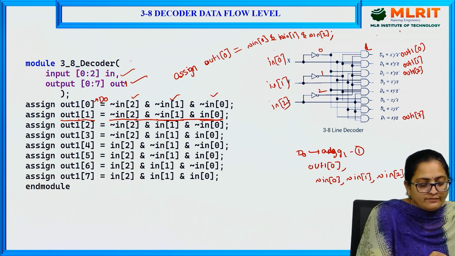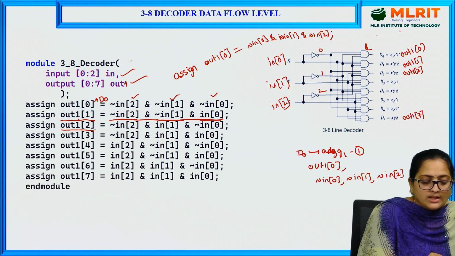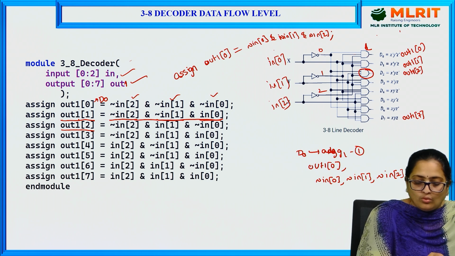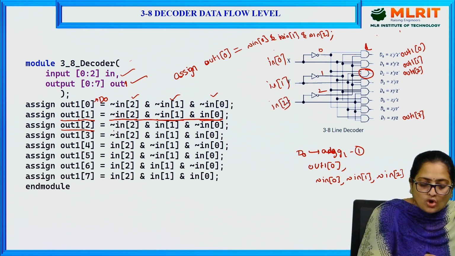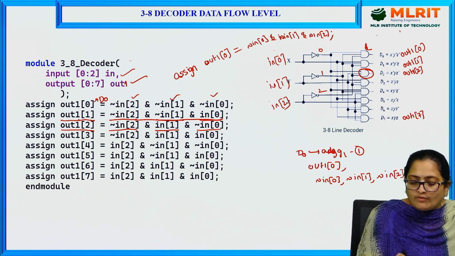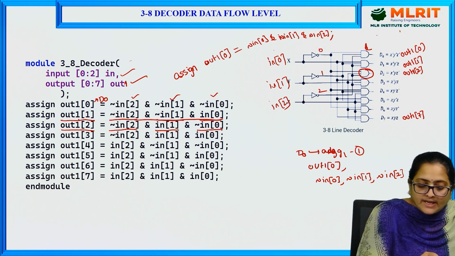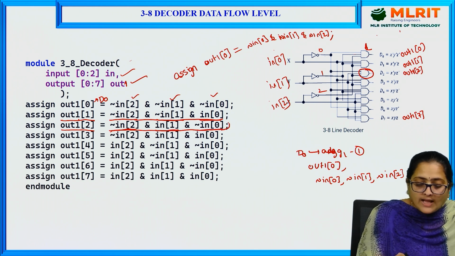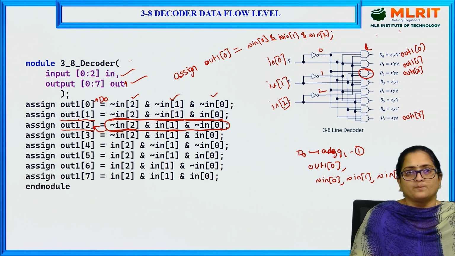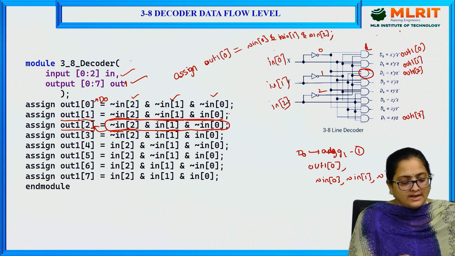Similarly for OUT1 of 2, that is the third AND gate, the output of this AND gate is OUT1 of 2, and the inputs of this AND gate are complement of IN2, IN1 and complement of IN0. This AND gate performs an AND operation between these three variables, and the result will be stored in OUT1 of 2. And this goes on till OUT1 of 7.